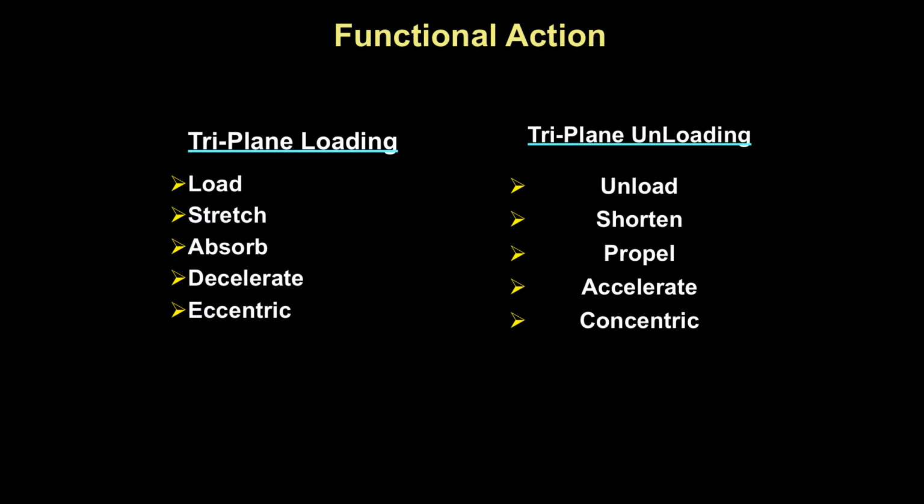Remember, the loading and unloading phases take place in all 3 planes of motion. If you were to attempt the jumping motion without ankle dorsiflexion, knee, hip, and spinal flexion, the action would be very apropulsive with very little power, very little efficiency, and very little effectiveness.